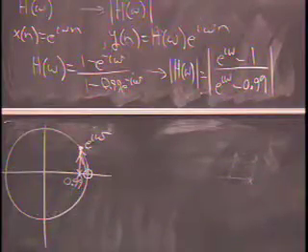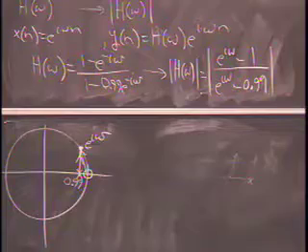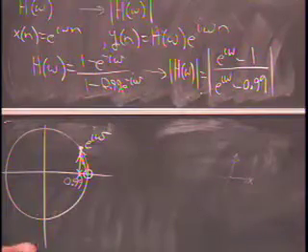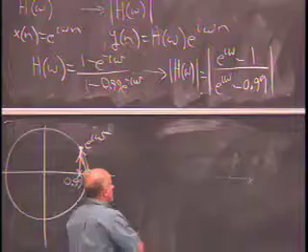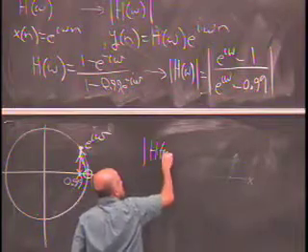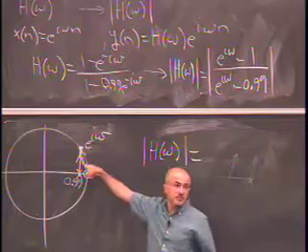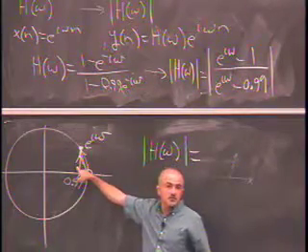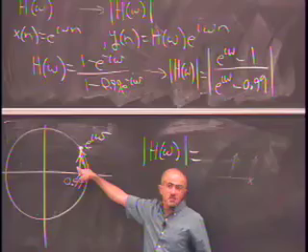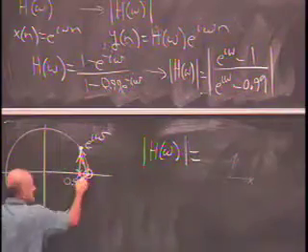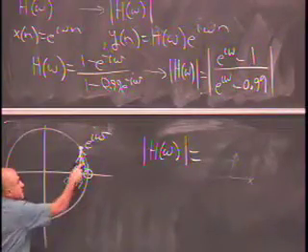Okay? Now, there's a reason I've picked 0.99 for this question. The magnitude of H of omega is the ratio of the magnitude of the blue vector over the red vector. When I'm sufficiently distant from omega equals 0, what can you tell me about these two?